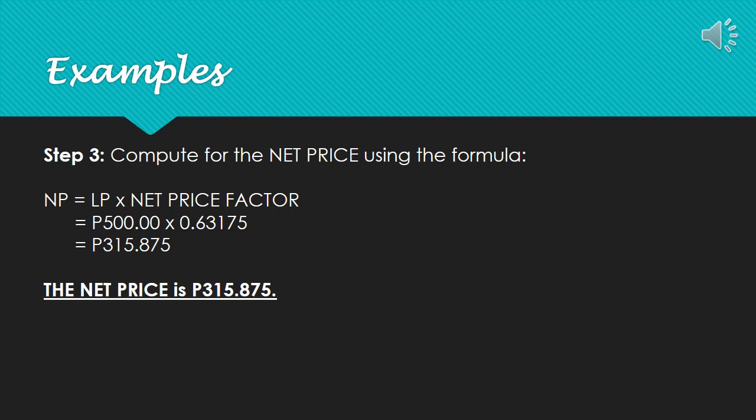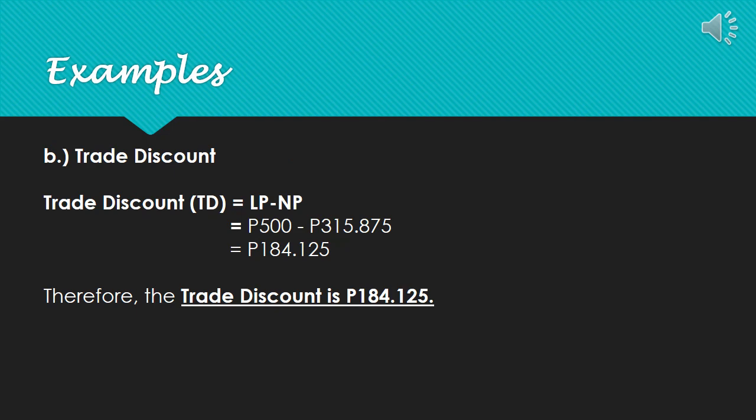So for me, kung saan kayo mas sanay, even in long method or short method, ang importante is mag-arrive kayo sa tamang sagot. So for the last, hinahanap yung trade discount. So list price minus net price lang ito, then we'll get 184.125 pesos, which is our trade discount.